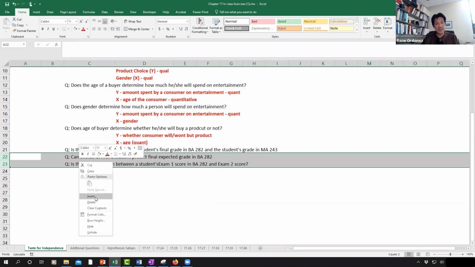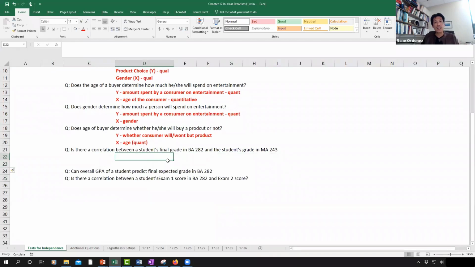How about the last two? Is there a correlation between a student's final grade in BA 282 and the student's grade in Math 243? Meaning, for me as an instructor, could I use a student's grade in Math 243 as perhaps a predictor of the student's success in BA 282, success being measured in terms of the final grade?